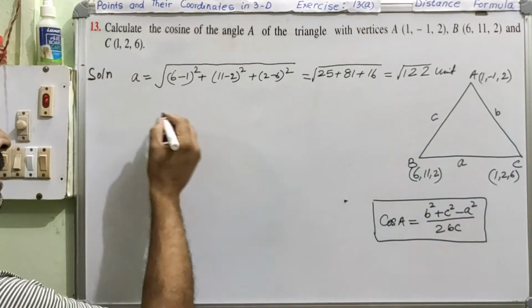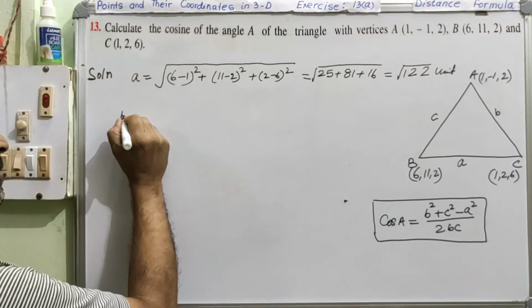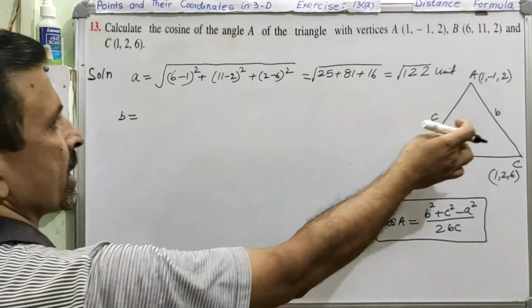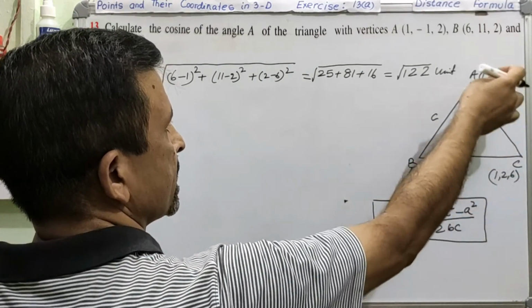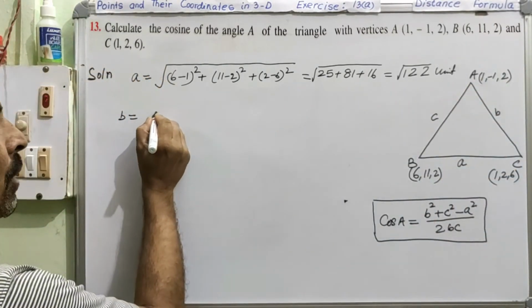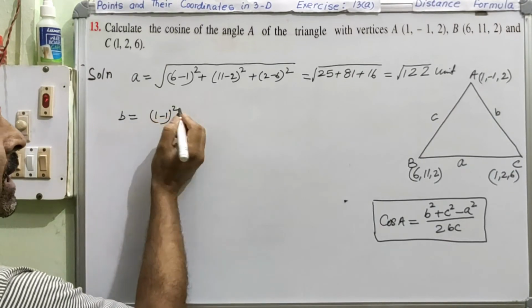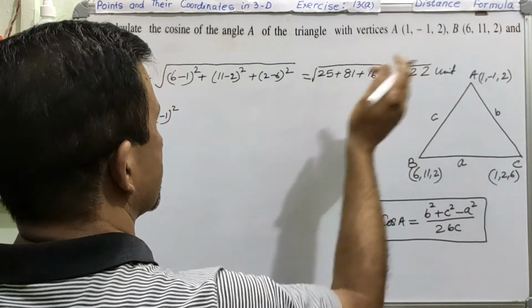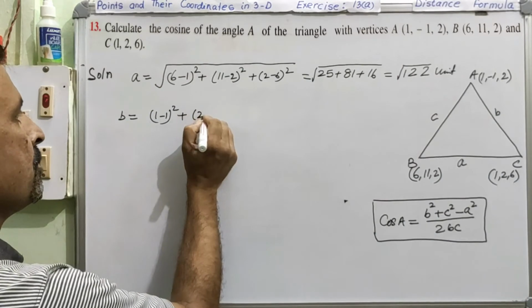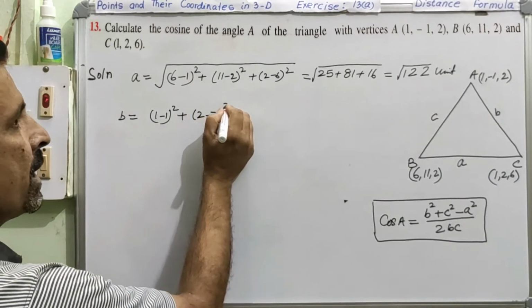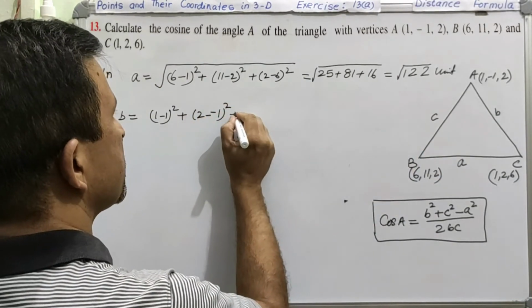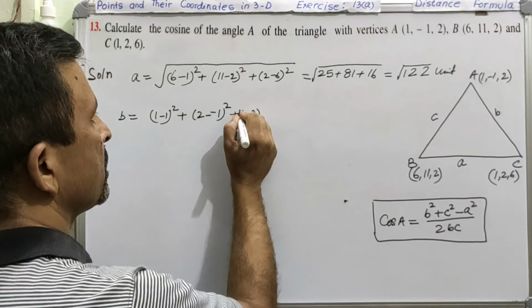Now likewise we will calculate the value of b. For calculating b we will use these two coordinates. So let us start. The square root of (1 minus 1) square plus (2 minus minus 1) square plus (6 minus 2) square.